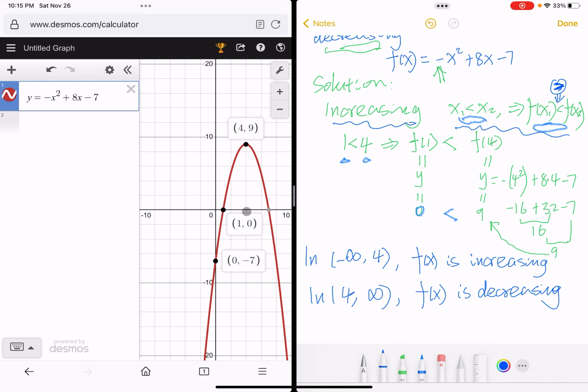You can see right here, 4 is less than 7, but f(4) = 9 is greater than f(7) = 0. So the concrete example for decreasing will be opposite. Okay, so that's the final answer for this one. All right. Okay, I will see you next time.